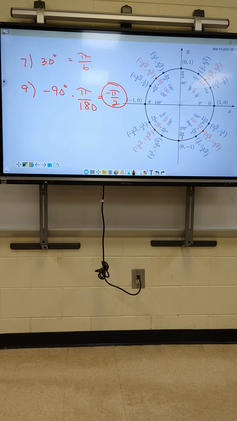So if you make it a fraction. Yeah, I would definitely use that calculator. Negative pi over 2. Well, that's positive pi over 2. You have to write negative pi over 2.